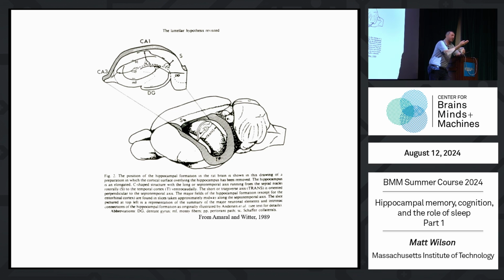And I kind of threw out the idea of compositionality: the idea that you break things up into usable pieces that can be reconfigured and reused in a flexible way, and that accelerates learning by taking advantage of previous structure. So compositionality might be something that's embedded in this lamellar architecture.